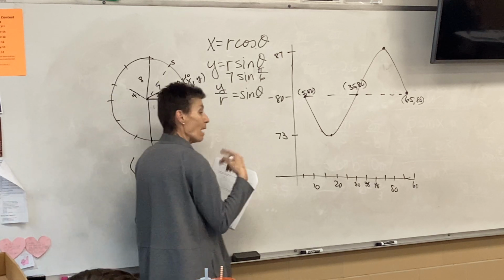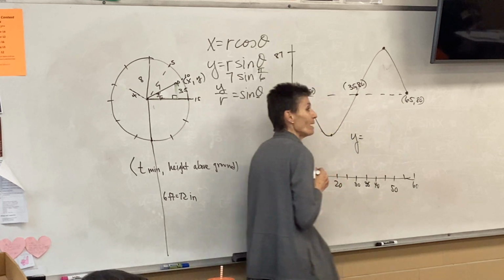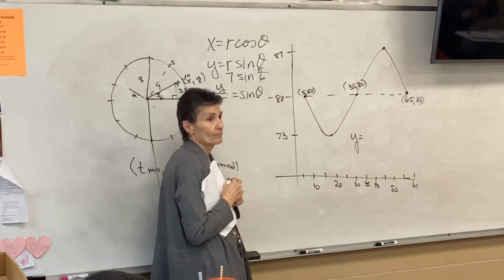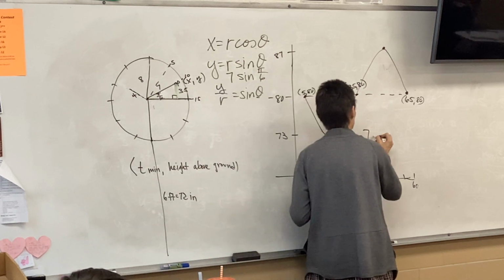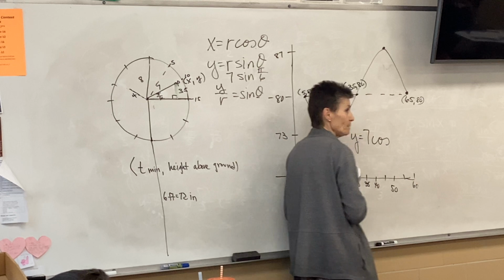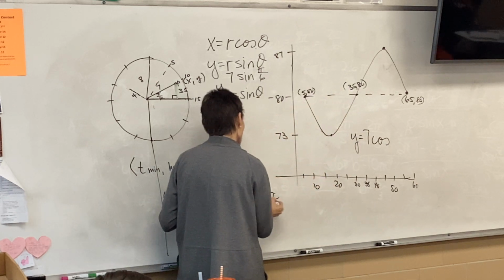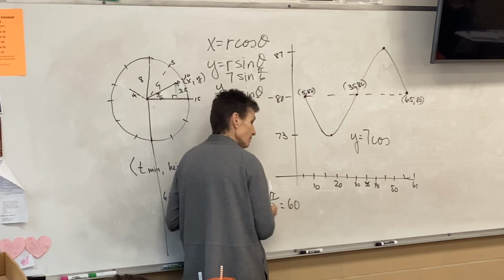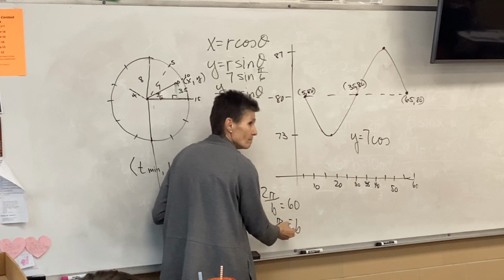So how much of that can you do already? Do I know my amplitude? Yes, my amplitude is 7. Do I know my period? 60. So 2 pi over b equals 60. So b equals pi over 30.